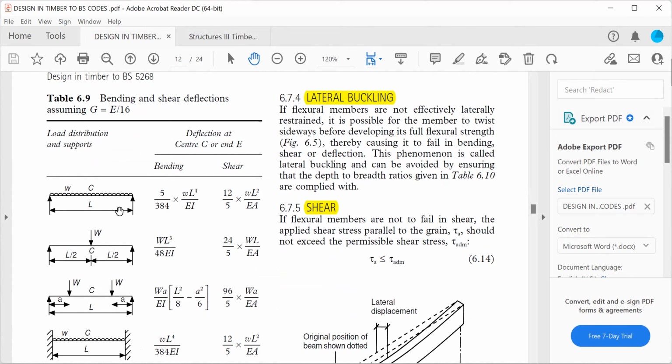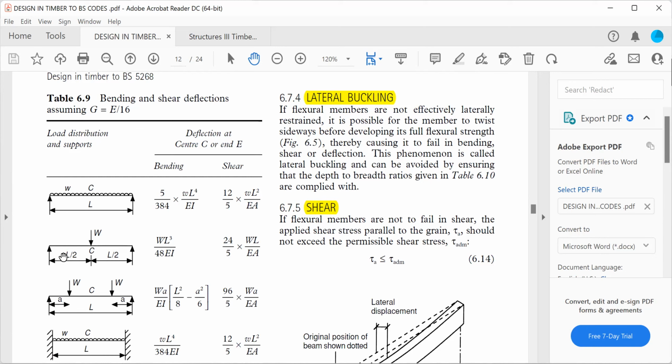Now, what I want to help you is that now, if W is small w, when it is in terms of kilonewton per meter, or rather, when W is in force per unit length, you use L power 4. So the W will be in terms of maybe kilonewton per meter.